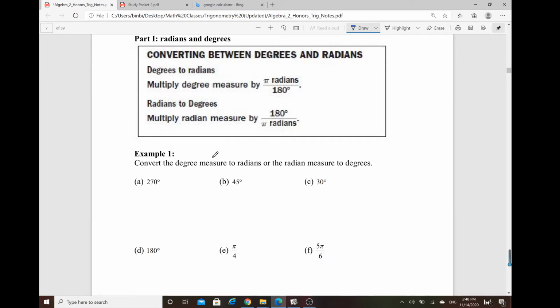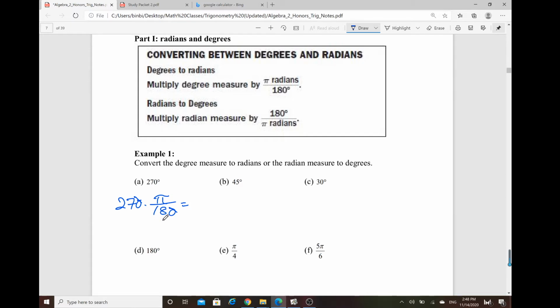Convert the degree measure to radian or the radian measure to degree. Started off with 270. So 270, that's degrees, so we multiply this one by pi over 180. From here, we're using third grade math skills, cross cancellation. The zeros cancel. 27 and 18, what do they share in common? 9.